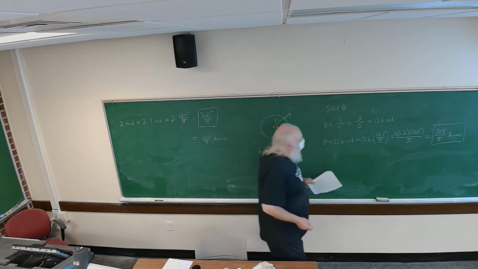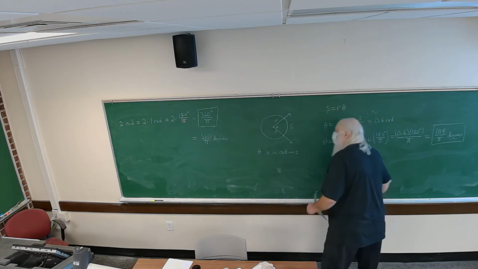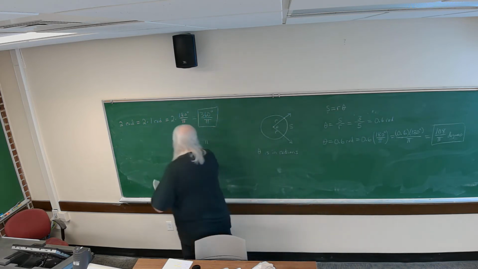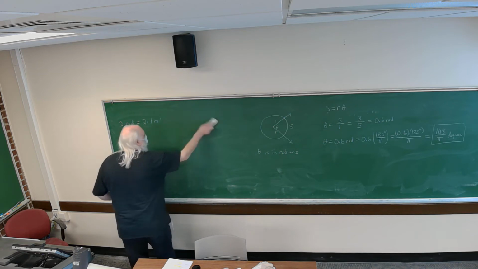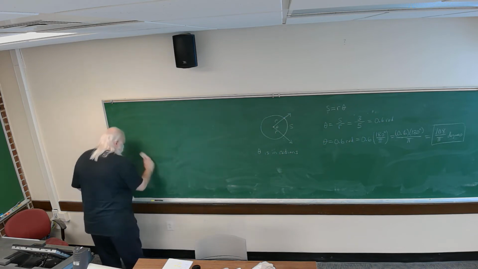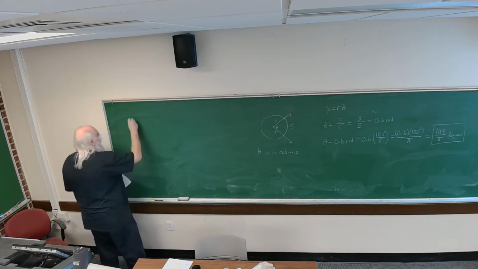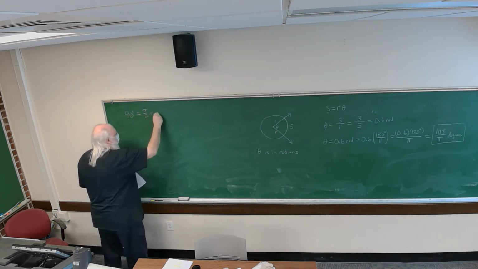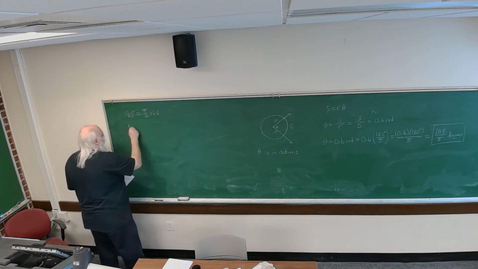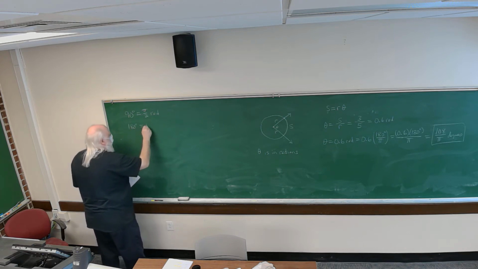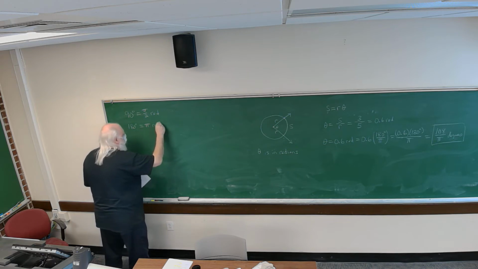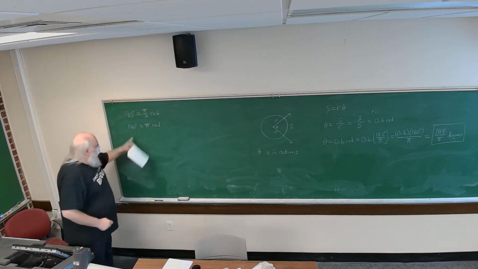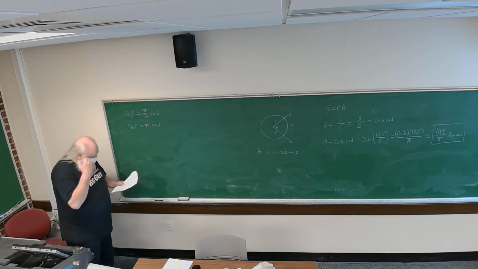So remember, or you can verify this, 90 degrees is equal to pi over 2 radians, and 180 degrees is equal to pi radians. This is at the top of the page, right?